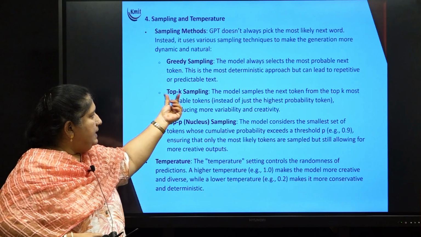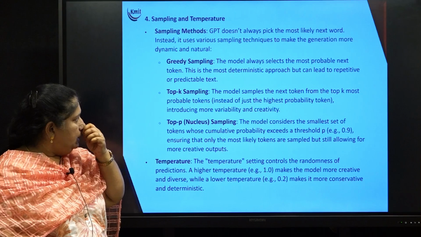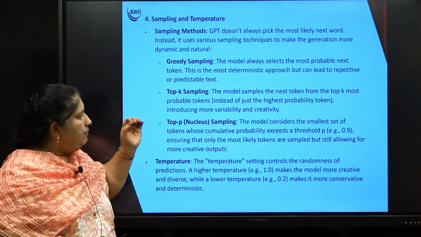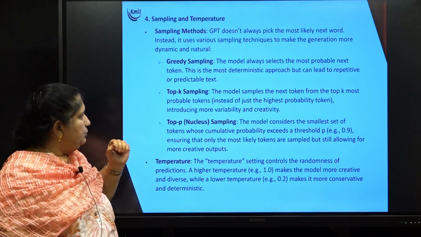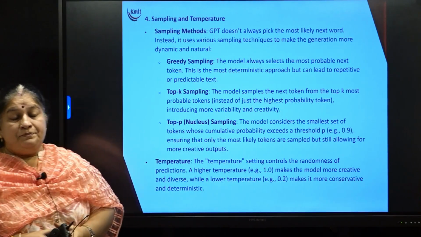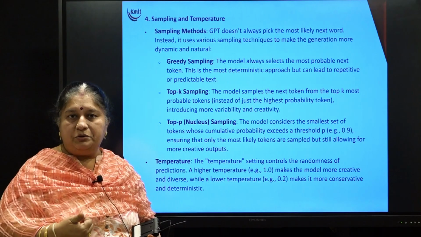Otherwise, what is the next option? Top K sampling. The model samples the next token from the top K most probable tokens, introducing more variability and creativity. For "The cat sat on the," I might have given a chair to the cat.